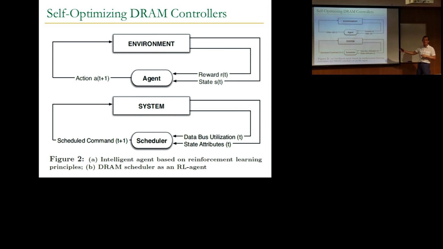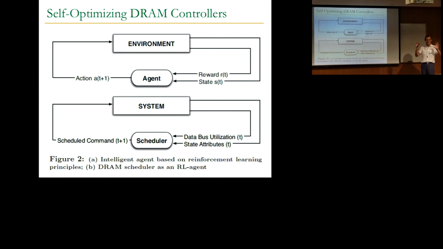And it turns out this is a very good fit for memory scheduling because reinforcement learning theory, if you look at it, for this to work and converge, you need to specify the state space as a Markov decision process. And the memory controller is really a Markov decision process, Markov model. And that's why it fits very well. Some other algorithm may not fit very well over here. I'm not sure about neural networks, for example.